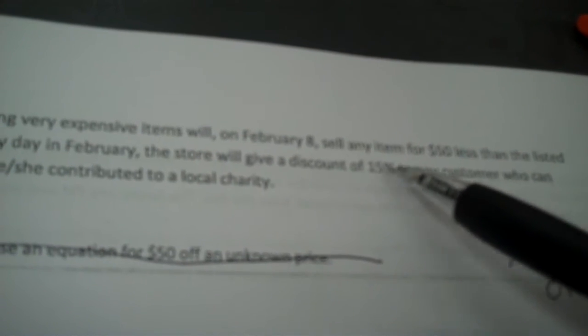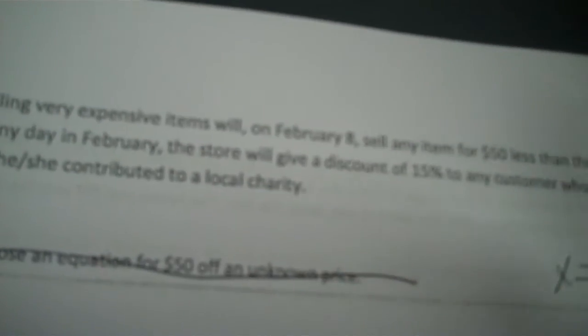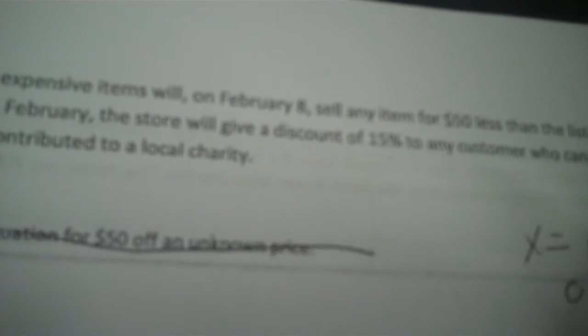Okay, now there's two things happening. You got a percent and an actual dollar amount. When you apply percents to prices, that's multiplication. Put a dot. Okay. Now, we have to deal with this percent, but I'm not going to put 15% because I'm not paying 15% of the price, okay?